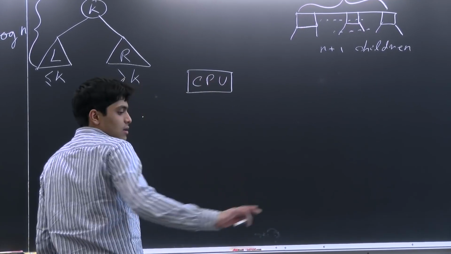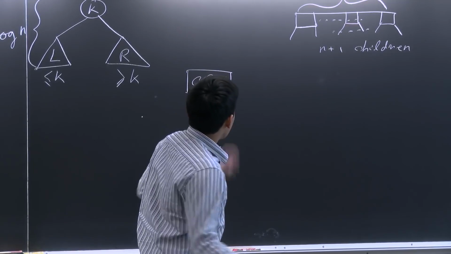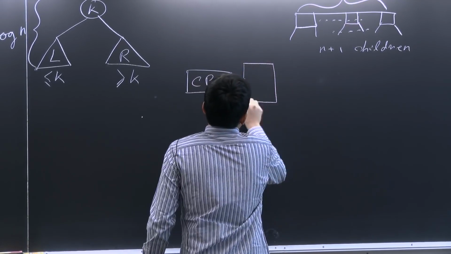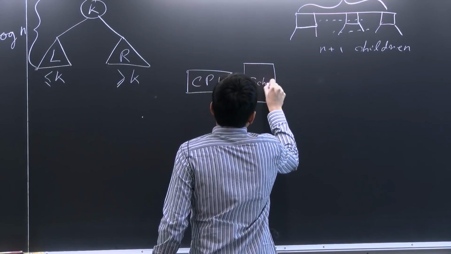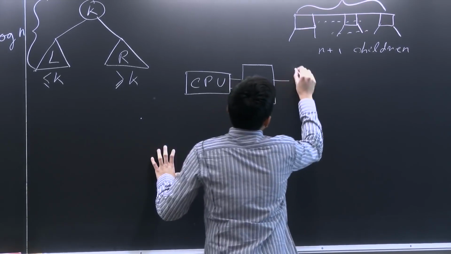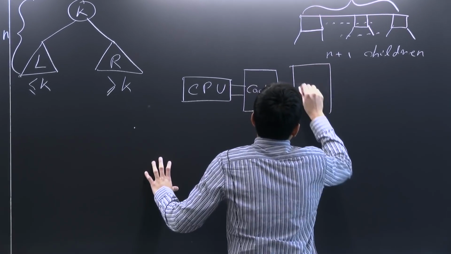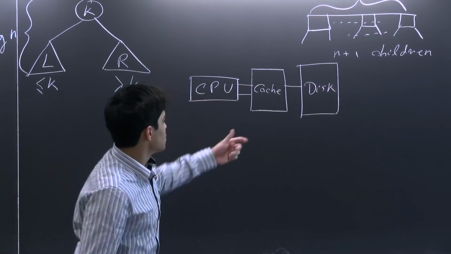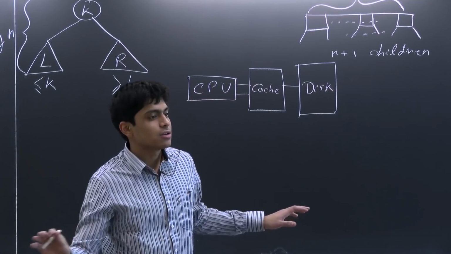So in the basic memory hierarchy model, we have just 2 levels of hierarchy. You have cache, connected by a high bandwidth channel to the CPU, and you have a low bandwidth channel to disk. Essentially you can consider that cache to have infinite speed.